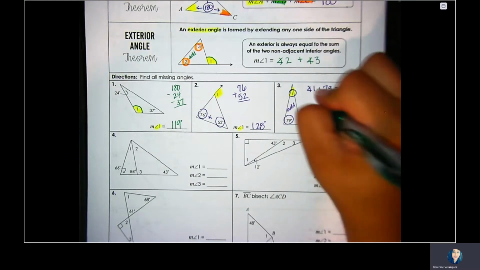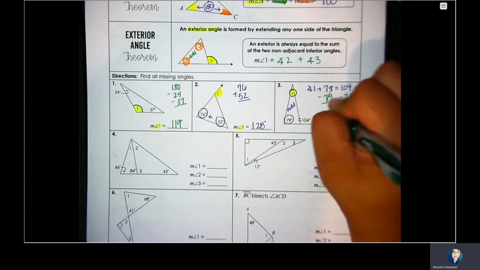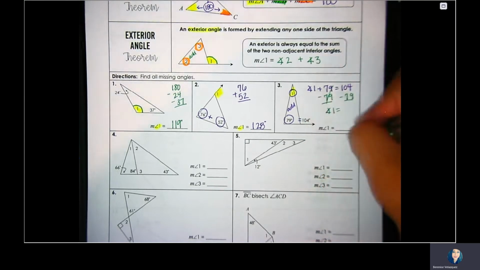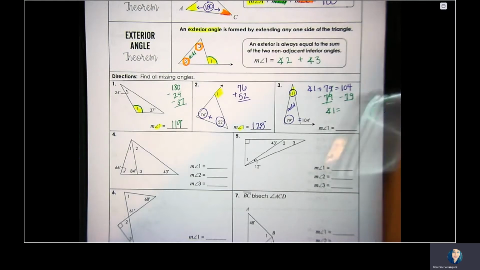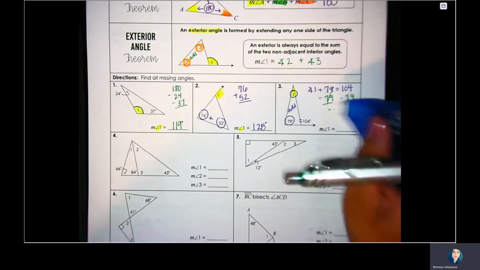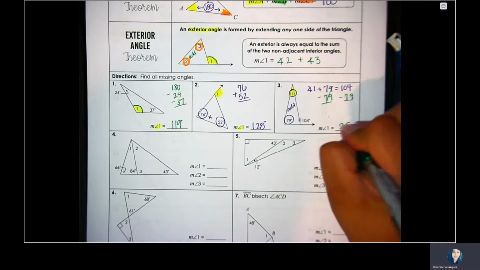Now that we set it up, we should be able to see that you have to subtract. So angle 1 will be that value there. Let me just erase that because it's already got a blank there on the bottom. Okay, so we're going to do 104 minus 79. That gives me 25. That's my answer.